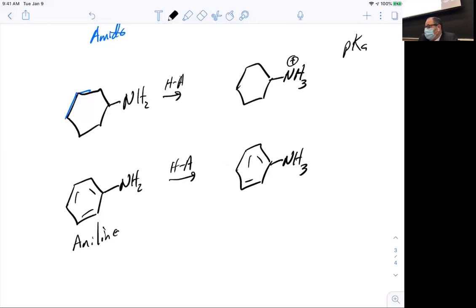Again, we use the pKa's to give us the relevance here. Here we have a relative pKa of about 10, right? We saw that before, the difference between hydronium being about -1 to 0, and then the amine. So we get about 10, but when we look at the aniline form, our pKa is much lower.